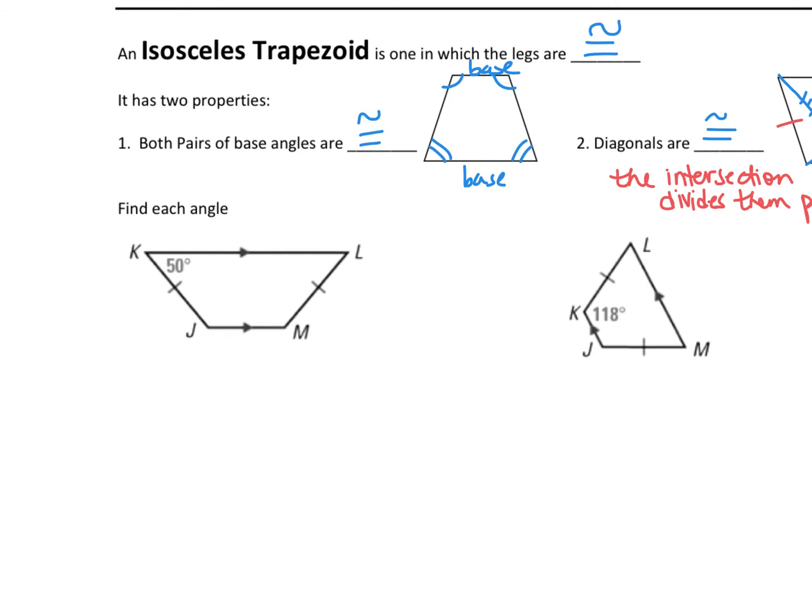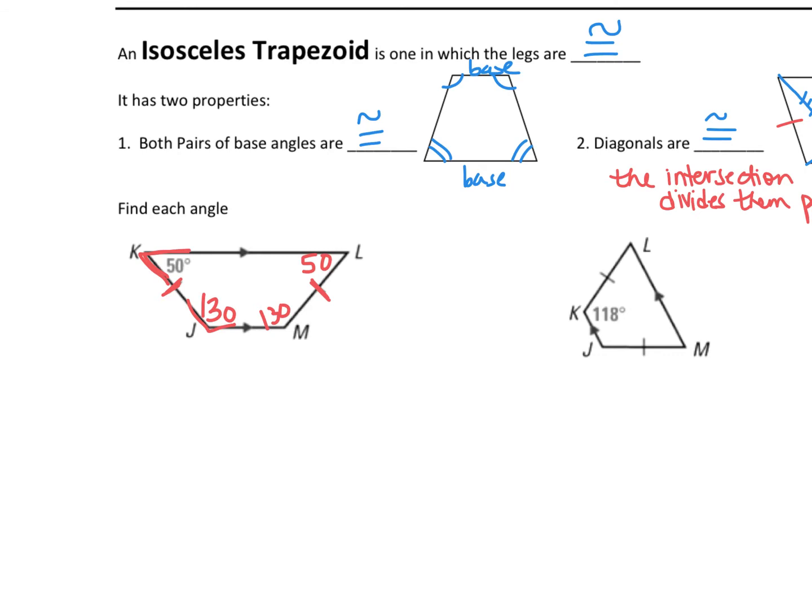All right, find each angle. I know that in any isosceles trapezoid the leg angles are supplementary. So I have 180 minus 50, which is 130. And because this is an isosceles trapezoid, both pairs of base angles are congruent.